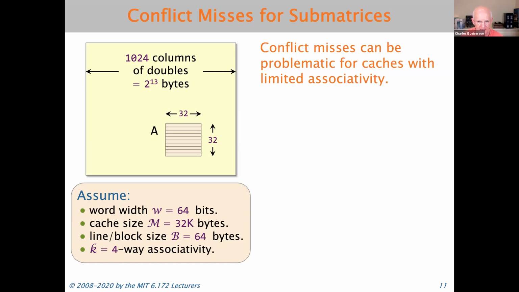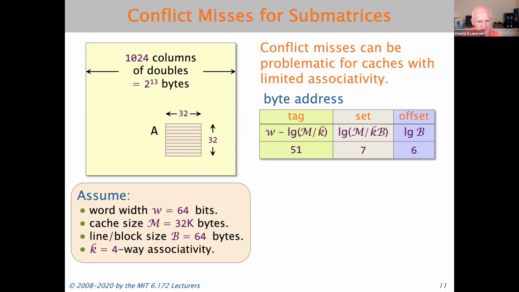There's plenty of room because the cache is 32 kibibytes and the submatrix is only 8 kibibytes. Now, if we map out for these particular numbers what the virtual memory byte address looks like, it looks something like this: there are 51 tag bits, 7 bits for the set, and 6 bits for the offset. That's what we get when we crank through the math with those parameters.